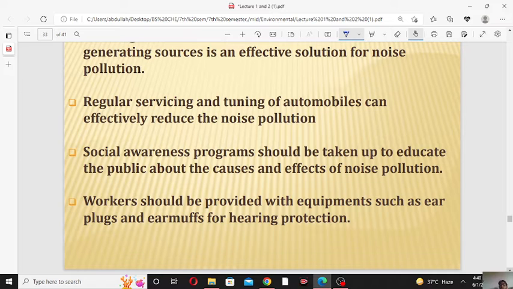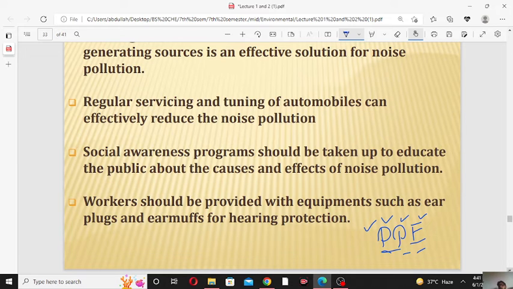Those working in industry should be given personal protective equipment, or PPEs, to decrease noise exposure. PPE can be shoes, goggles, ear plugs, ear muffs, etc.